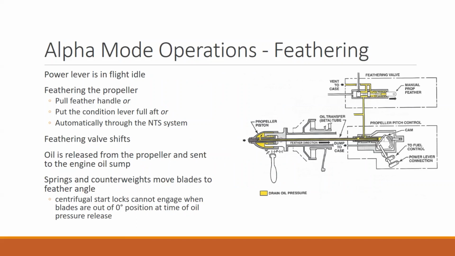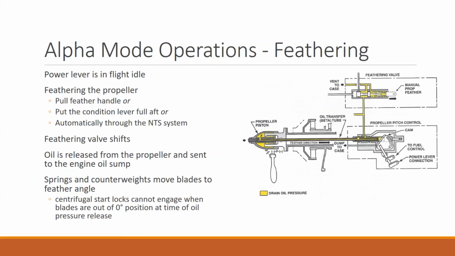Again, our pitch control right now is that beta sleeve, which is pushed all the way forward. It's not going to do anything. It's a pass-through port. It's going to go back to the feathering valve, and now oil, instead of pressure, which would be coming from this uncolored line here on the left, can travel out the overflow of the vent back to the case.